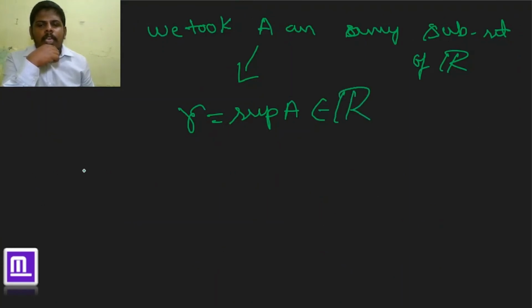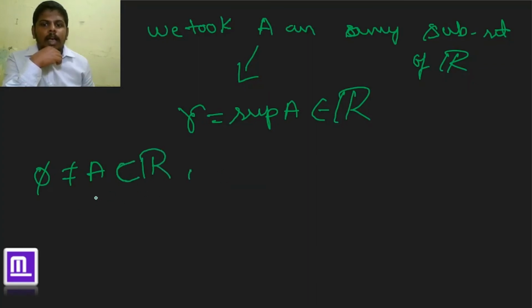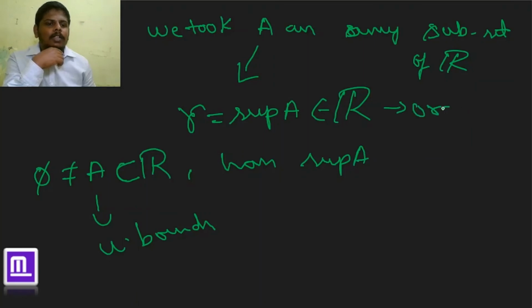So every non-empty subset of R which has upper bounds has a supremum. And note that R is an ordered set.